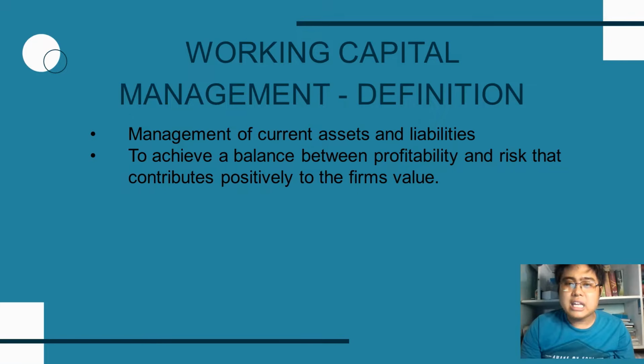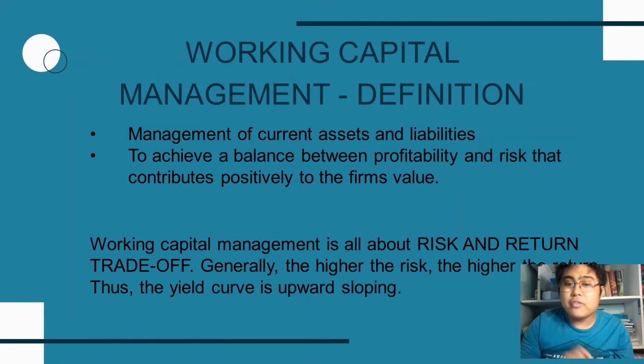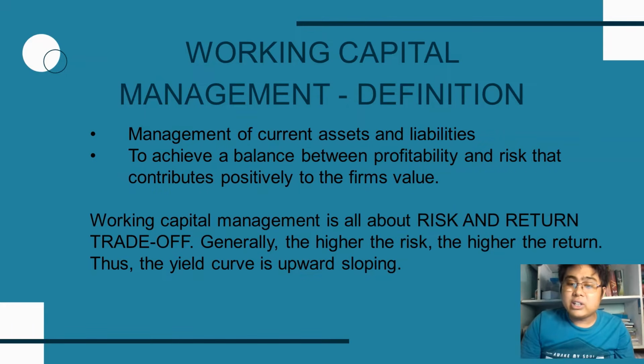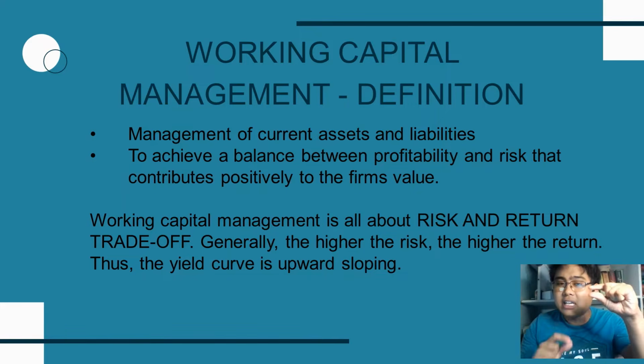Kasi yung statement na yan generally explains that working capital management is all about risk and return trade-off. And when we say risk and return trade-off, generally, the higher the risk, the higher the return. Kaya kapag pinlot mo ang risk and return sa Cartesian plane, being the return on the y-axis and then risk on the x-axis, magsi-start sa origin yan, pataas.